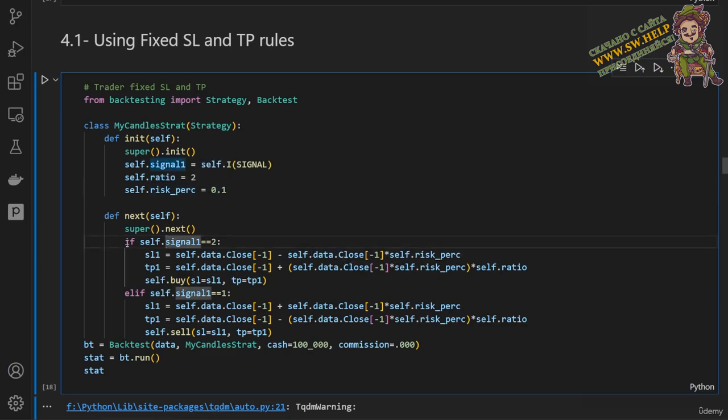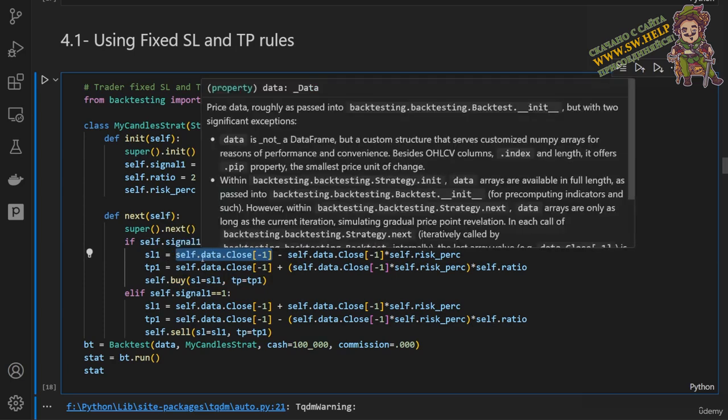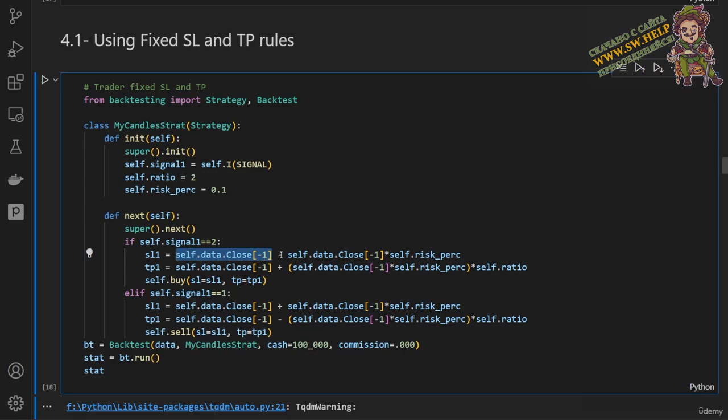Let's take a look at it. If the signal is equal to 2, so it's a bullish signal, we're going to open a buying trade with stop loss and take profit values. The stop loss is based on the current closing price, because it's a bullish market. So we're buying. The stop loss value is equal to the closing price minus the closing price times a certain percentage.